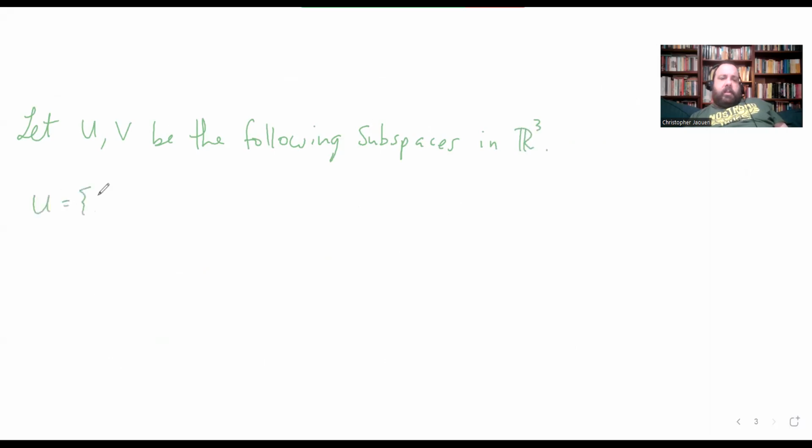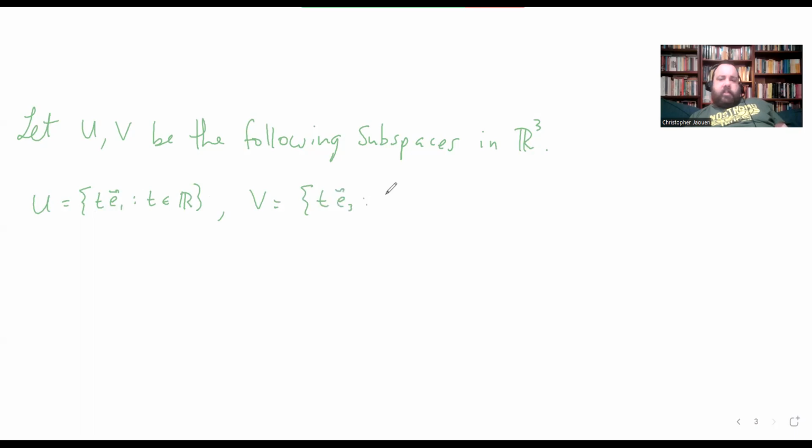So for example, let U, V be the following subspaces in R3, I guess. So let's say that U is {t e1 : t in R}, V is {t e3 : t in R}.